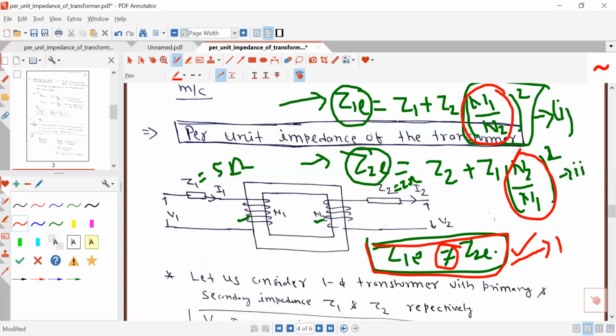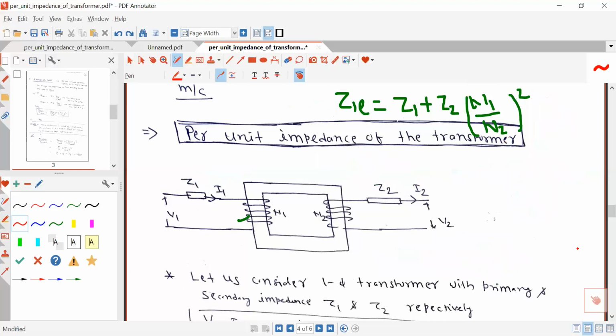This is in conventional units, when you are representing impedance in ohm. Now I am going to show you that when you represent impedance in per unit, the knowledge of turn ratio is not important. You can calculate total impedance, either referred to the primary or the secondary, without the knowledge of turn ratio. This is the first advantage.